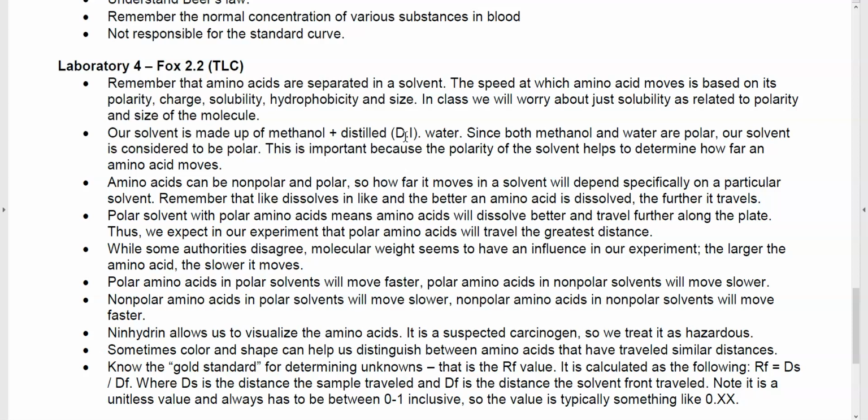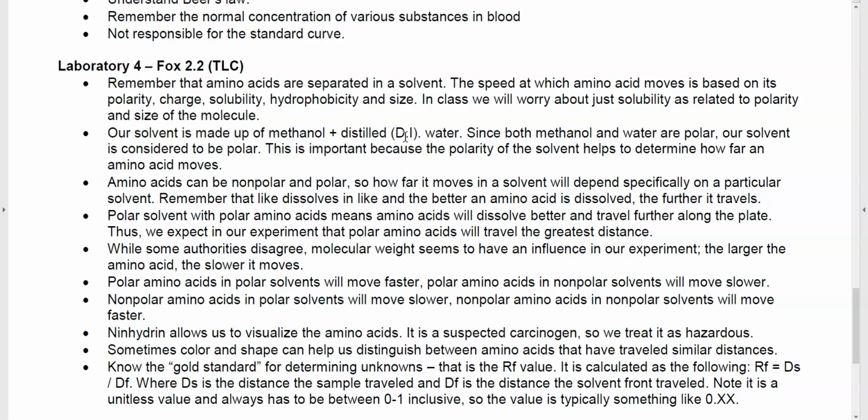Size matters as well. If we had 2 polar molecules, one was really big and one was really small, and put them in a polar solvent, then the small one would move farther even though they both have similar solubilities. So the 2 things we worry about are size and solubility based on polarity, right?